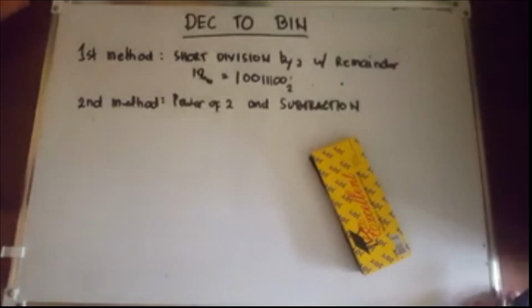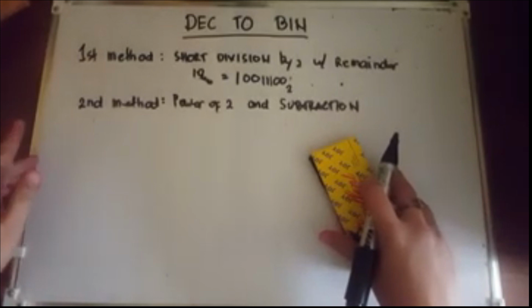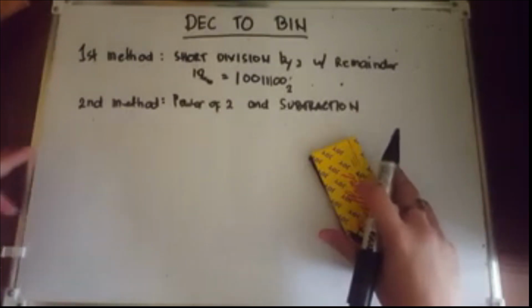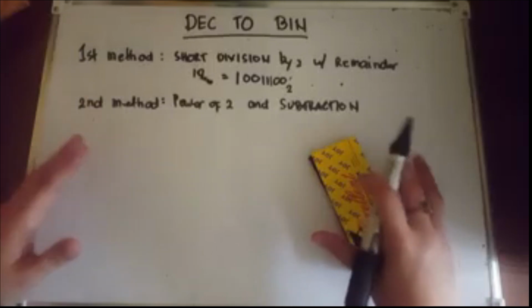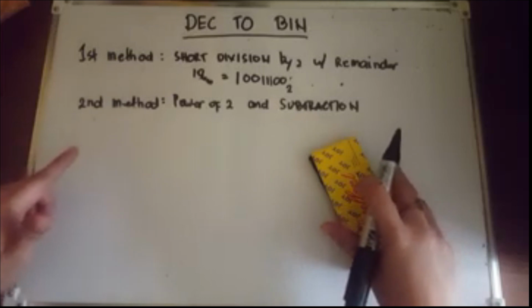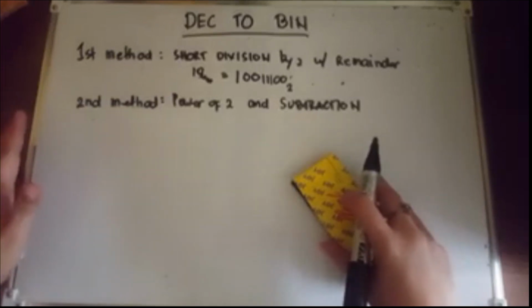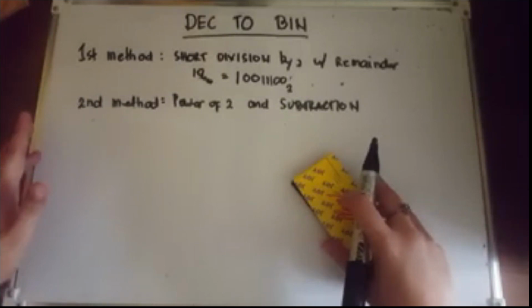Good morning again. So to proceed with the two methods in order for us to convert decimal to binary, I'm going to show to you the second method. The first one that was introduced to you earlier is the short division by 2 with remainder.